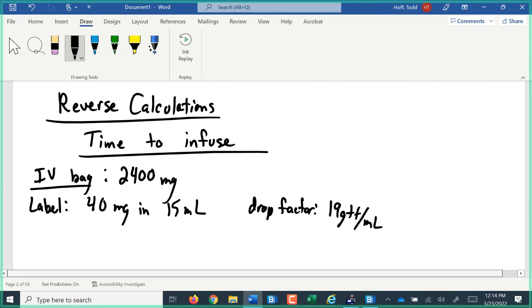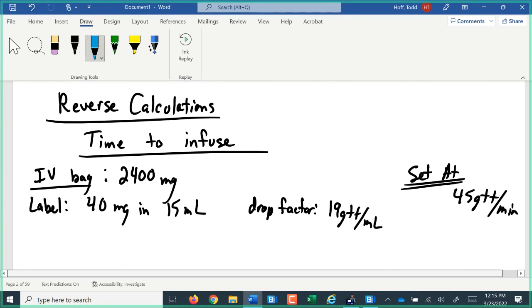And we see that the infuser is currently set at 45 drops per minute. How long will it be before that bag is empty? In other words, at what time or how long from now do we need to come back and change that bag?